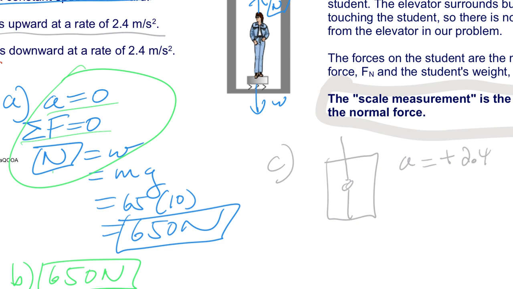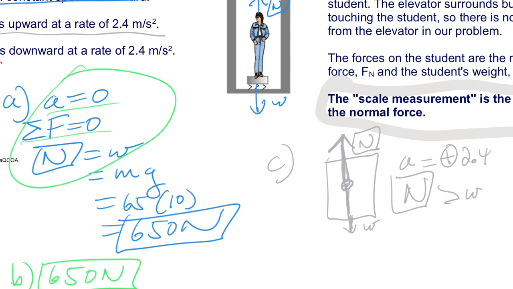So the net force will be upward. That means the normal force is going to have to be bigger than the weight. Her actual weight doesn't change, but the normal force will. This is when you feel smushed in the elevator if it accelerates upwards quickly. So N, the normal force, is greater than the weight in this situation.